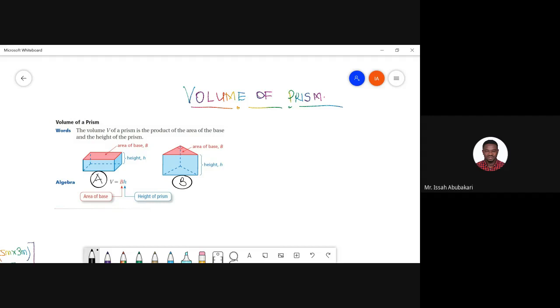we are going to have two different ways of solving these figures. For instance, for A, the volume is equal to the base area times the height.